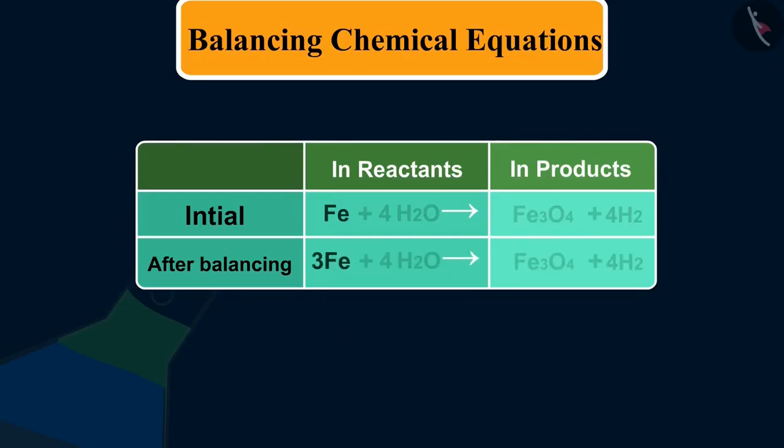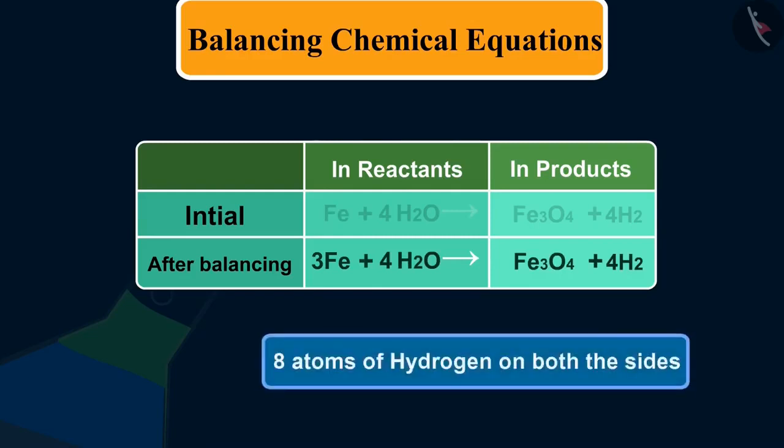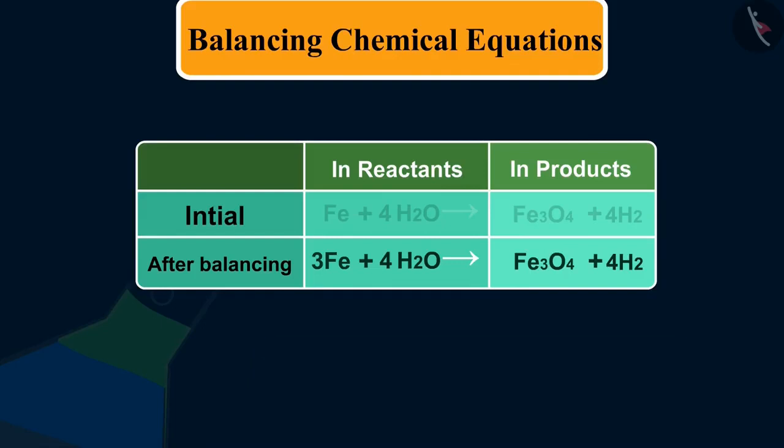Finally, let us examine this balanced equation. There are 3 atoms of iron, Fe, 8 atoms of hydrogen, H, and 4 atoms of oxygen, O, on both the sides. Now the number of atoms of elements on both sides of the equation are equal.